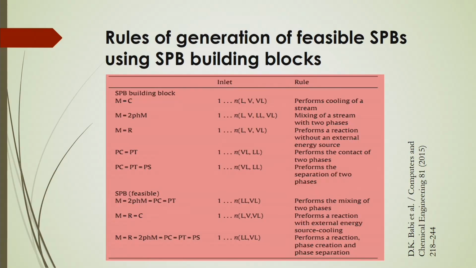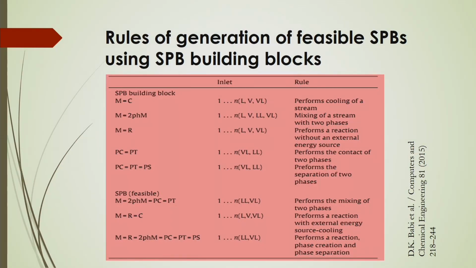So in this case you can use this SPB building block for the generation of feasible SPBs here. Now here some inlet and some rule is given. SPB building blocks, if M and C, that is mixing and cooling, will be used, in that case the inlet should be 1 to n, liquid, vapor or vapor liquid, and in this case you have to perform the cooling of a stream.